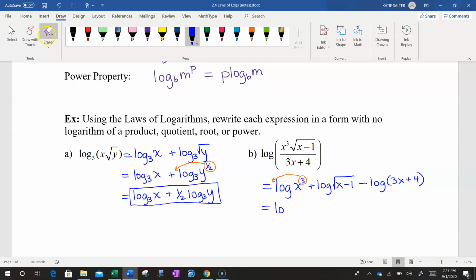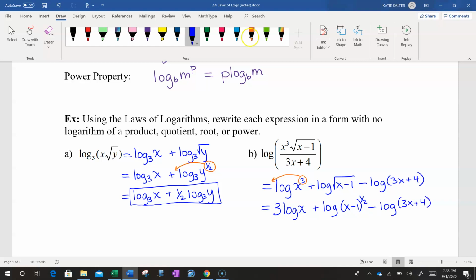So this is going to be 3 times the log of x plus the log of x minus 1 raised to the 1/2 power. Anytime we have a root, we have to rewrite it as its equivalent fractional exponent. And then minus the log of 3x plus 4.